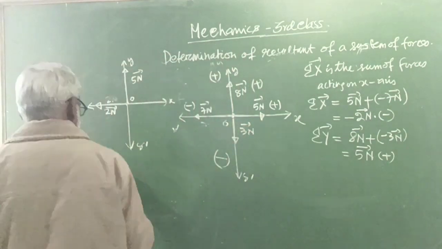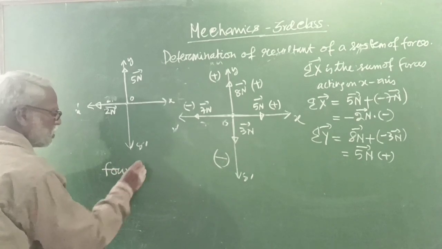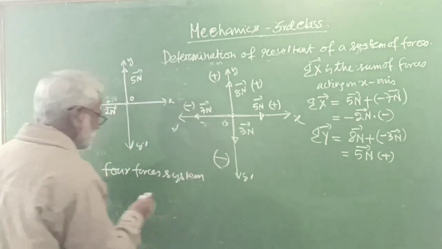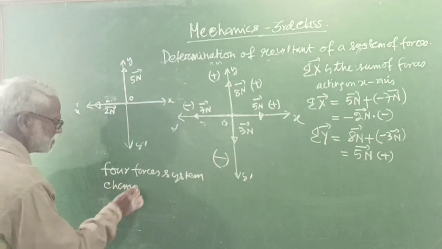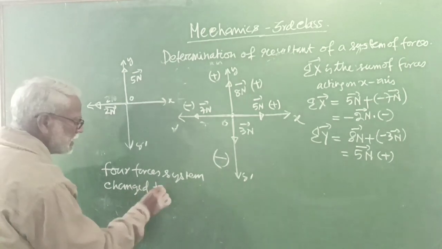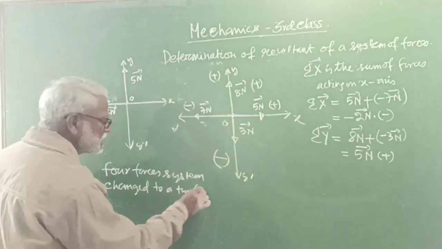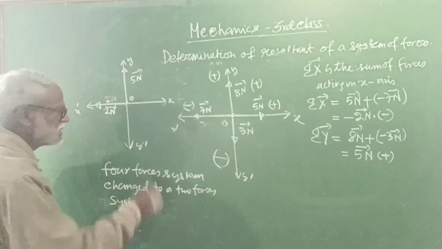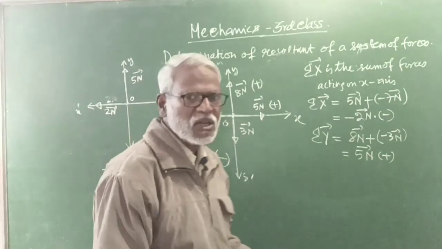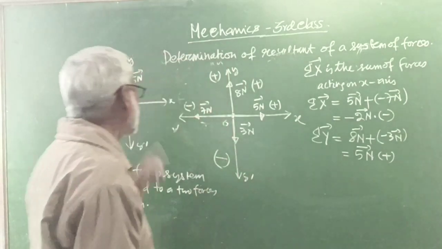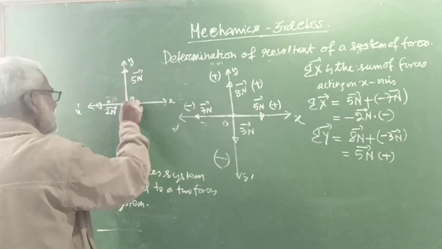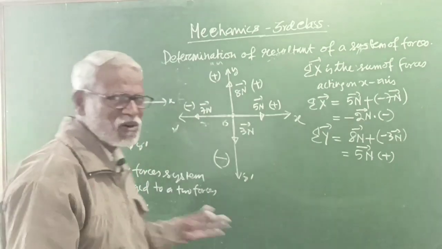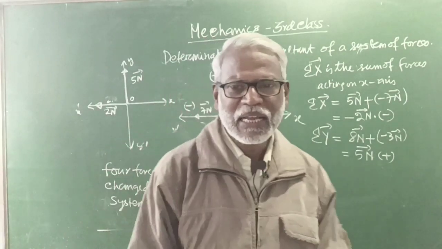A four-forces system has changed to a two-forces system. Now we have to find their resultant. Here the 5 Newton and 2 Newton forces are not collinear; they are not on a straight line.